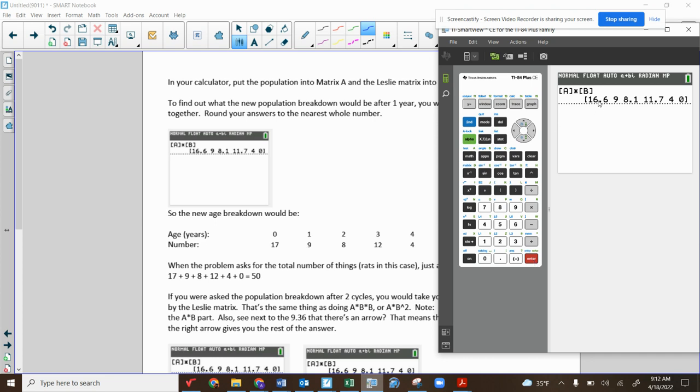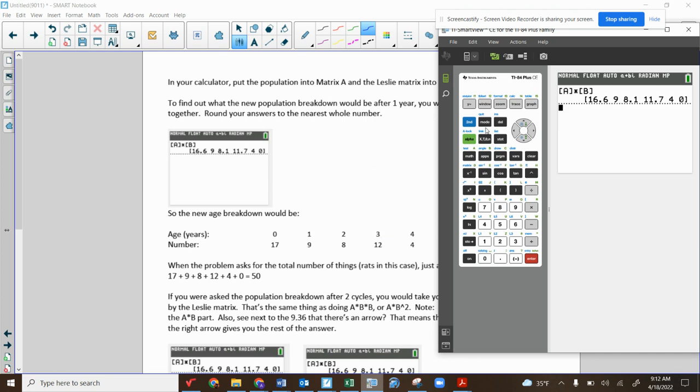So after 1 year. Because you can't have 16.6 rats, you're going to take those and round them. So 17, 9, 8, 12, 4, and 0. These would be the ones that are age 0, 1, 2, 3, 4, and 5.